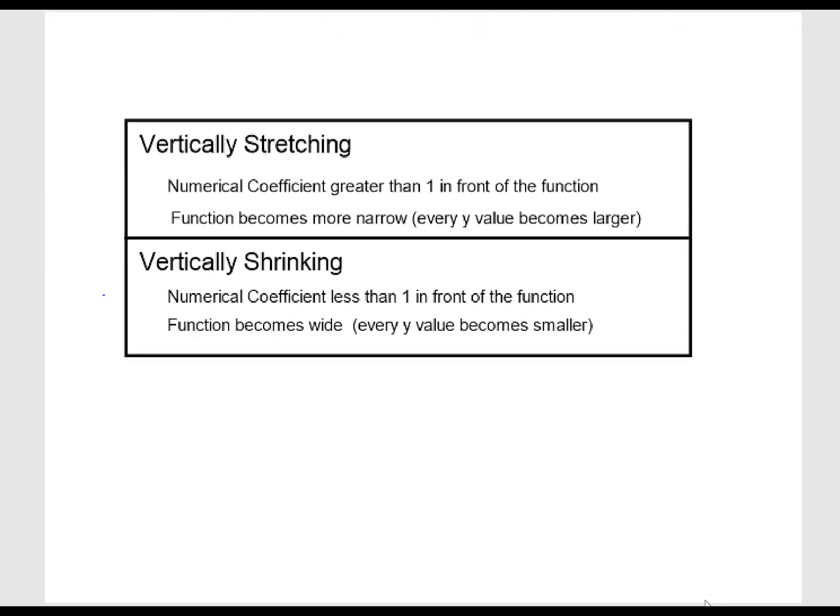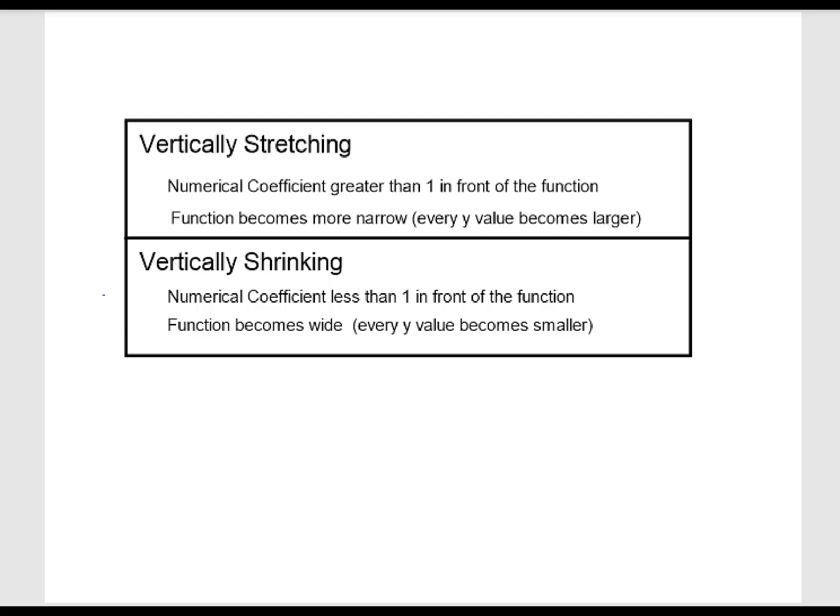Okay, let's talk about stretching and shrinking. So still staying in line with if there's something going on outside of the function, so outside of the portion of the function that is housing the x, then it's going to affect the y. So we're thinking vertically, up and down.